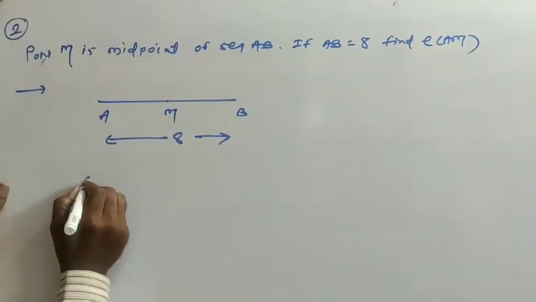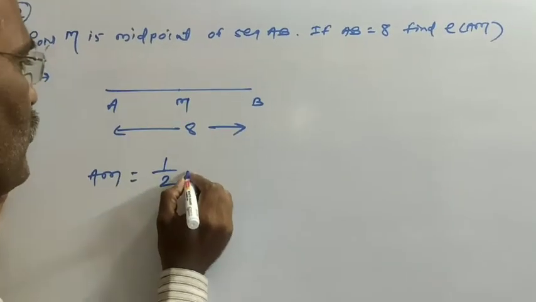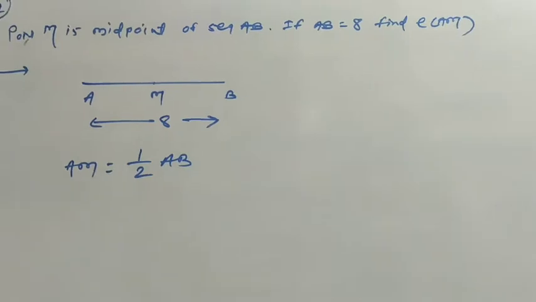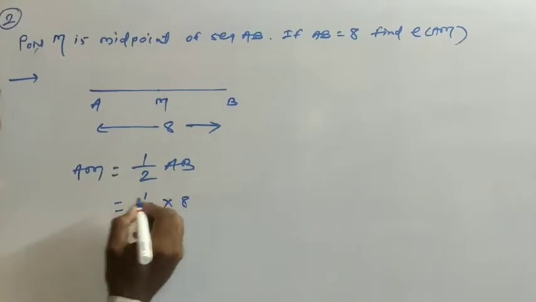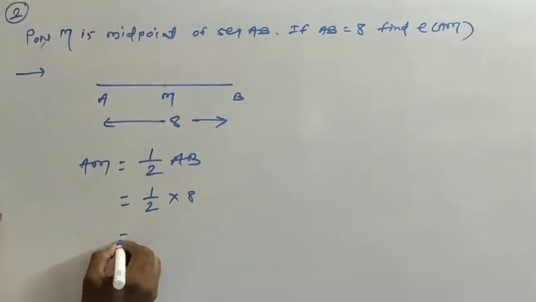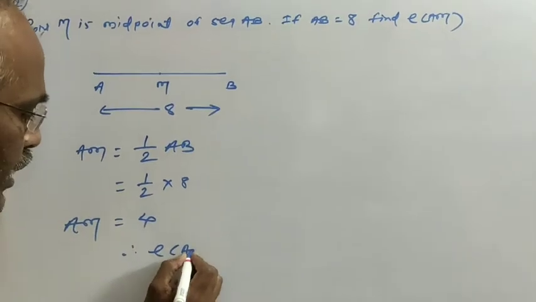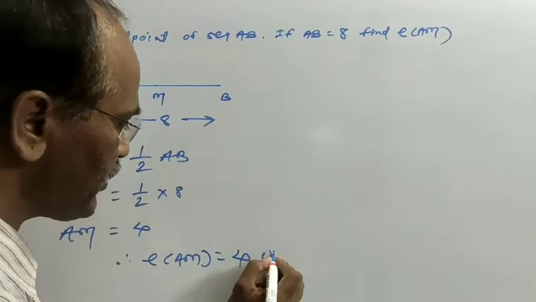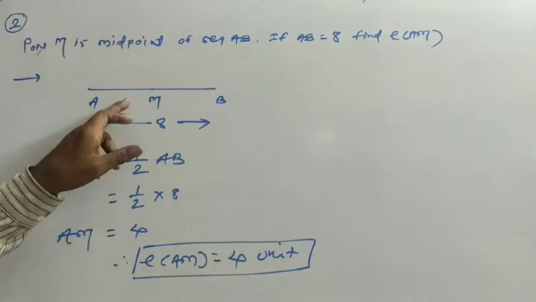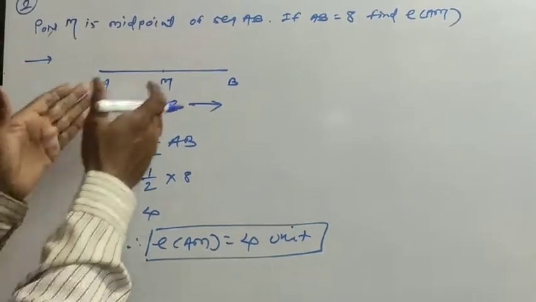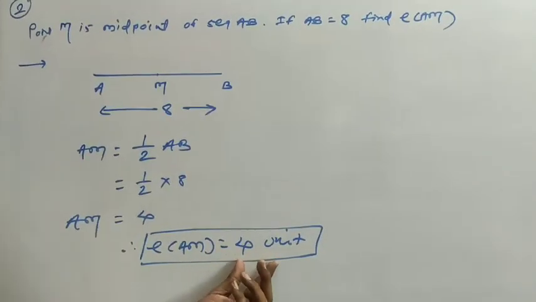Therefore, AM equals half of AB. But AB is given as 8, so one by two into 8 means 4. Therefore, length AM equals 4 units. M is the midpoint, so AM and MB are equal.